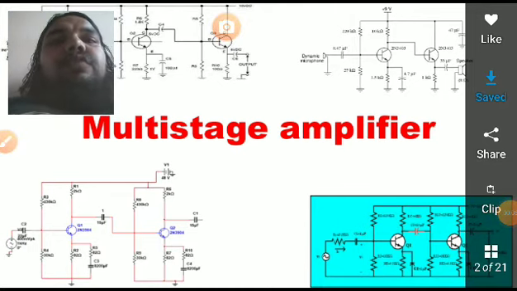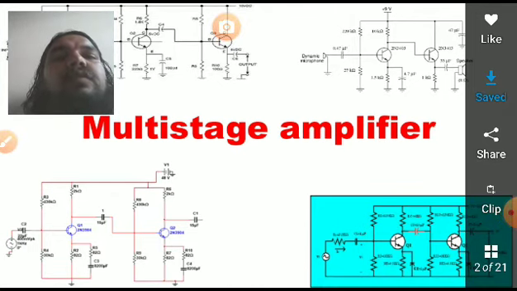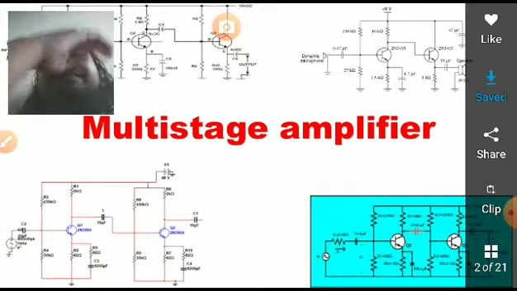Today our discussion topic is multi-stage amplifier.